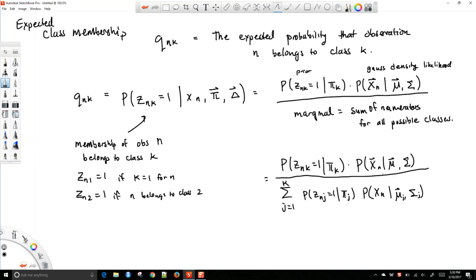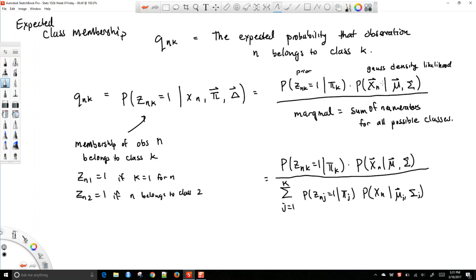So here we would get kind of a vector of probabilities, right? It would say, based on the data and the current estimates of the center and the standard deviation, we would estimate this, okay?